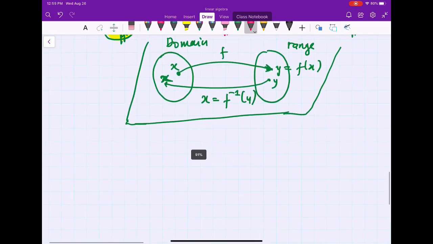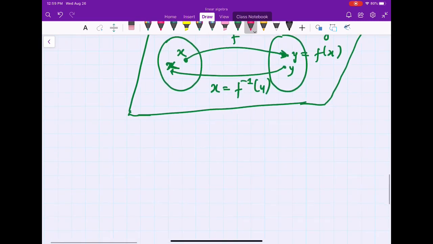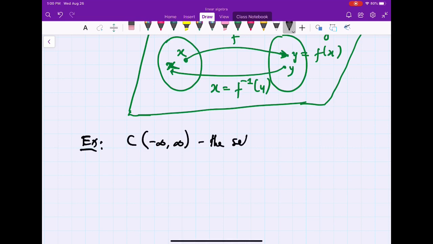Now let's talk about another example. Let's denote by C(-∞, ∞) the set of continuous functions on negative infinity to infinity, meaning on the whole number line.